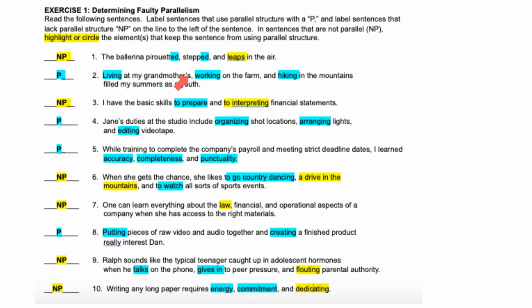But these things that filled my summers as a youth are worded in the same or parallel ways. If we jump down to number 4, you'll see a similar kind of construction in looking at the duties of Jane at the studio. Jane's duties include organizing shot locations, arranging lights, and editing videotape.